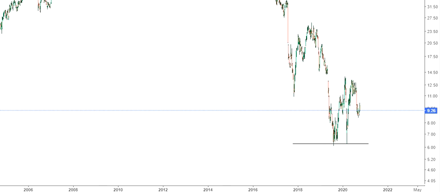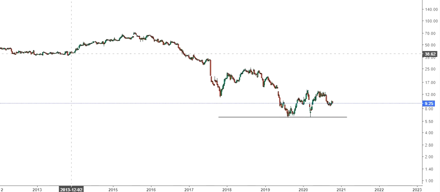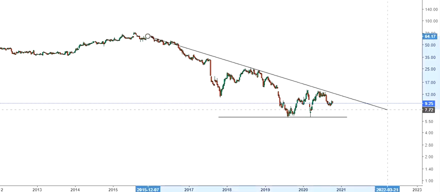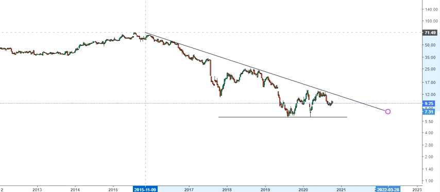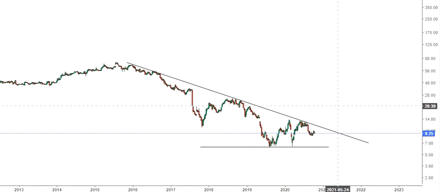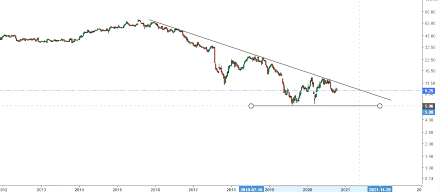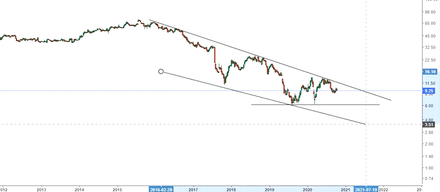If you move to the weekly chart, what you can see here is a downtrend, and one can say that it is very technical in nature. You have a trend which doesn't get violated, and you have your support here.